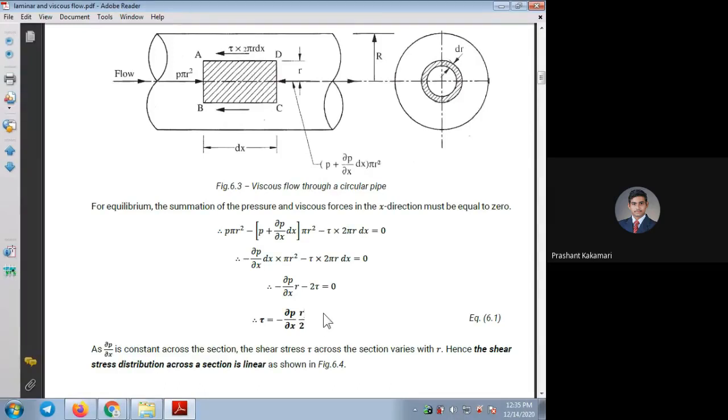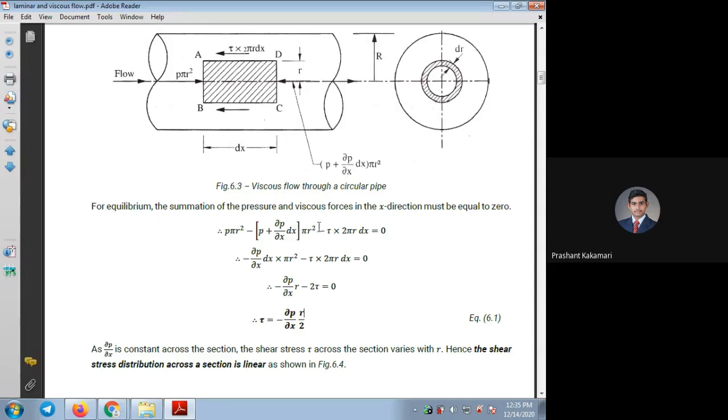I'll repeat once again. The pressure force which is already present because of the flow is P into pi r square on this area AB. Then we have an opposing pressure force on the other side, which will be a little addition to this pressure, that is dou P by dou x into dx at a distance dx.